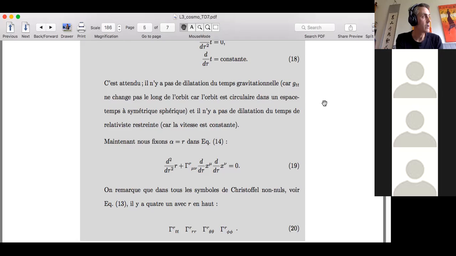We're going to look at another space-time called the Friedmann-Robertson-Walker, and in there, it becomes interesting. I have a question in the chat, so I'm going to try and get to that now.